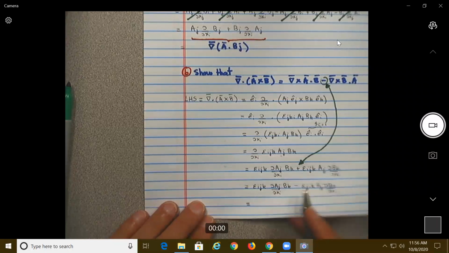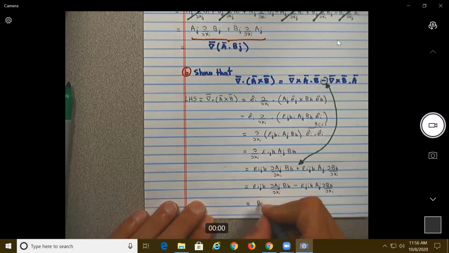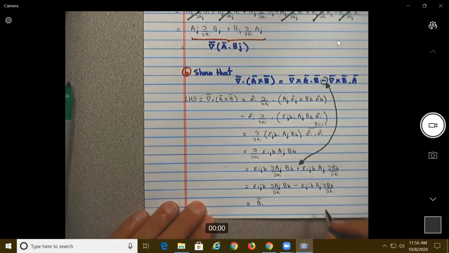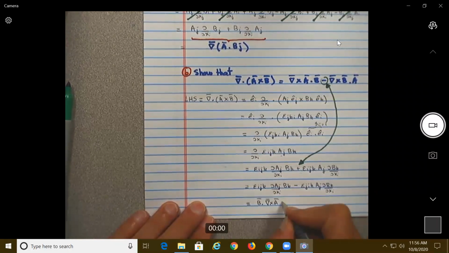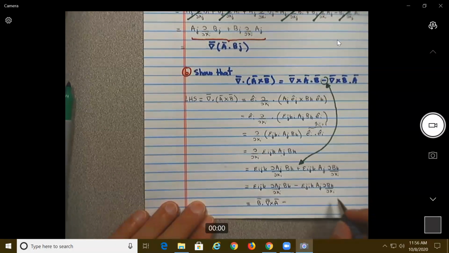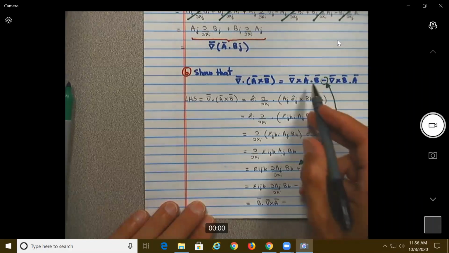This is equivalent to b dot, okay, I should have put the dot on the other one, of del cross A, minus, oh, I changed the order here, okay.